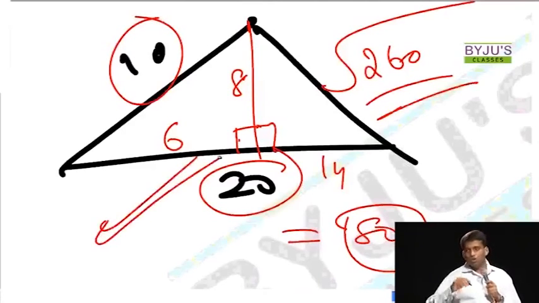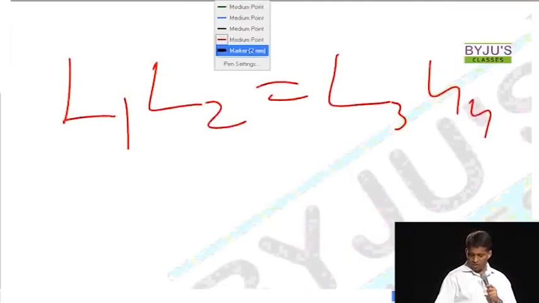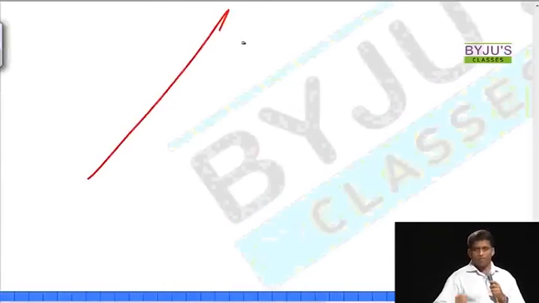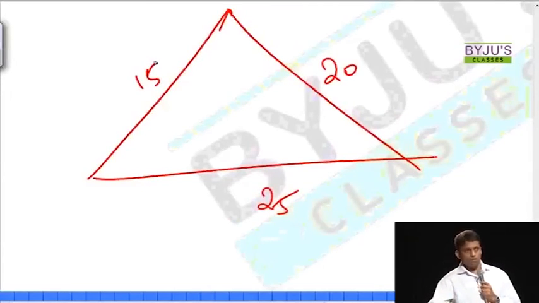There is one more good question based on the same logic. It's a length based question, L1, L2, L3, L4. L3, L4 can also be directly given as area. Now, one more, I'm just giving you questions you can think of. There's a triangle, the same triangle which I've given before, with 25, 20, and 15.